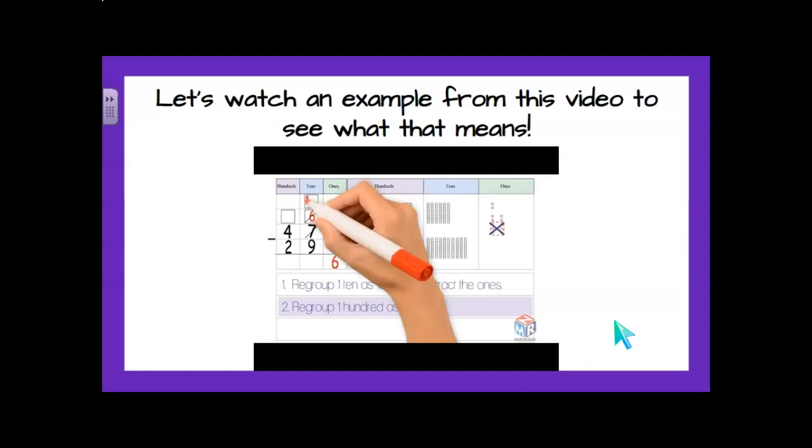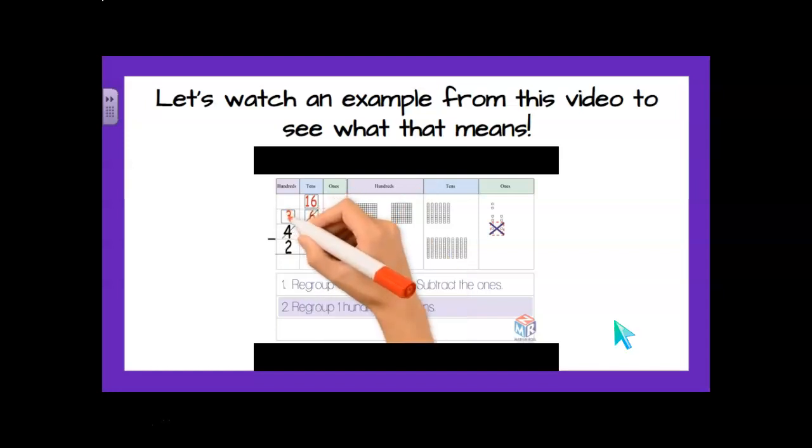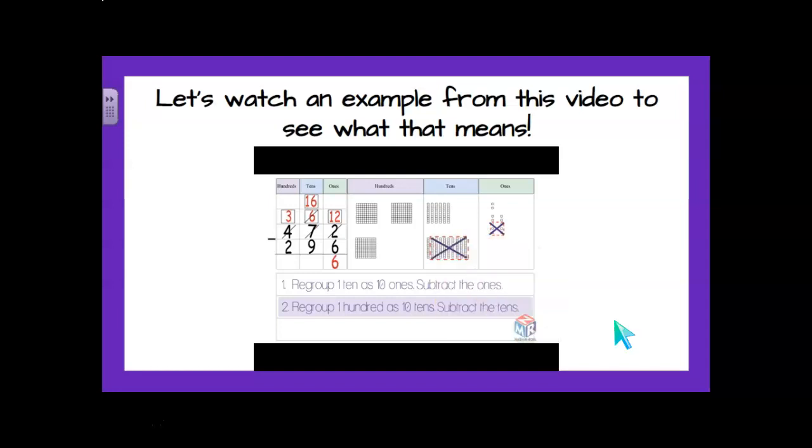Now we have 16 tens and 3 hundreds. Subtract the tens. 16 minus 9 is equal to 7.